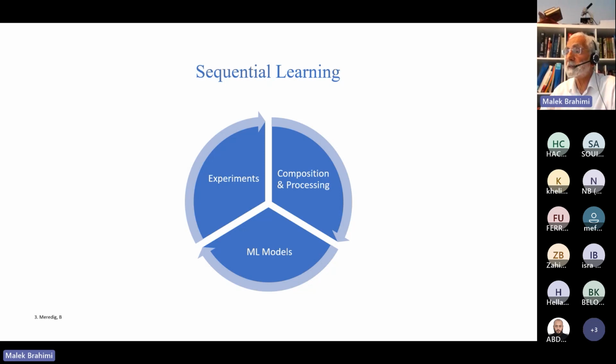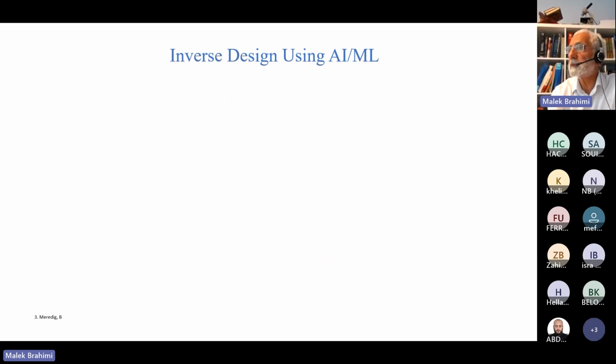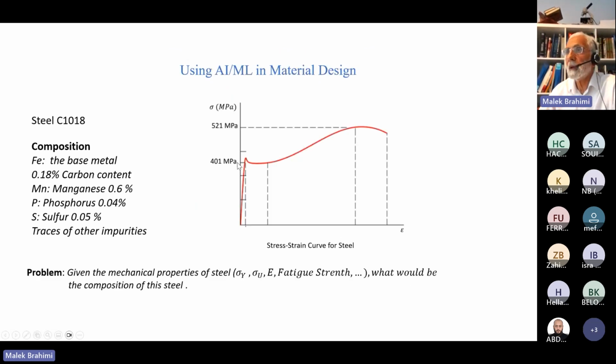For example, when we test, I do the testing to get these numbers, the yield, which is very important in design. For this type of steel, it gave me only 401 megapascal. I need a little bit more so I can do a good design. Maybe this 401 needs to be 500.